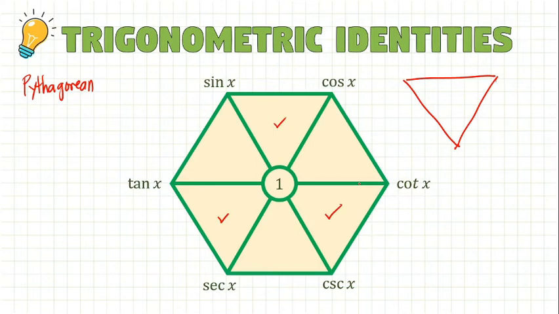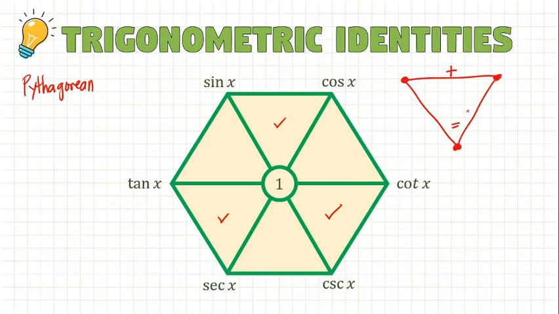So how are you going to construct the identities using these inverted triangles? The pattern here is plus equals. So you are going to add the two functions here, then equals the third function here below.